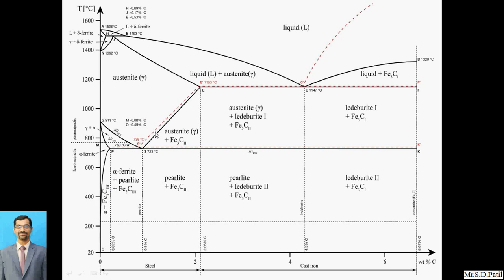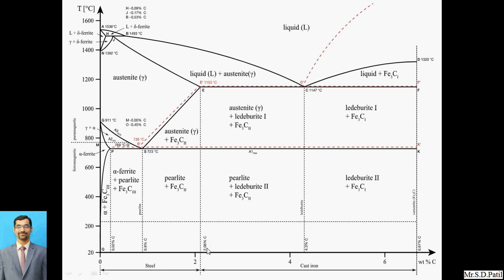In the earlier slides, I explained that steel has 0 to 2% of carbon. Here the percentage is slightly increased, to 2.06% of carbon.